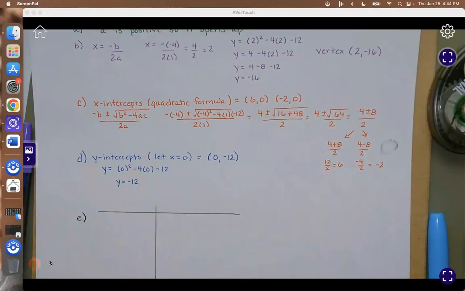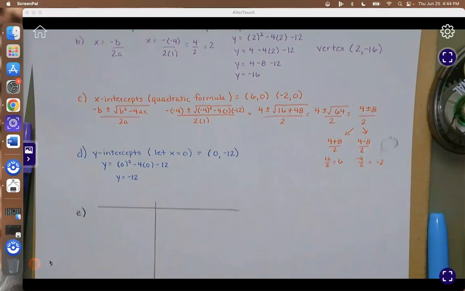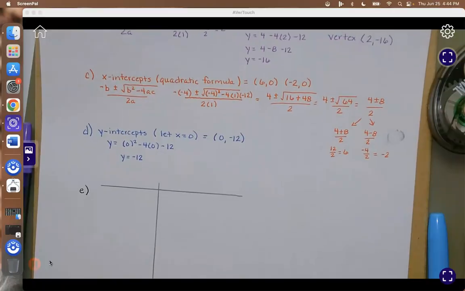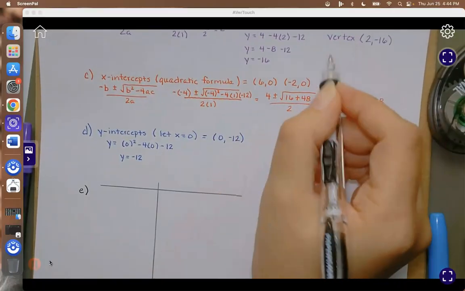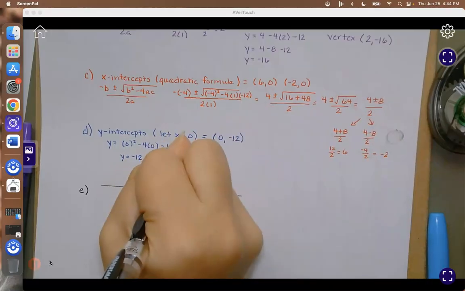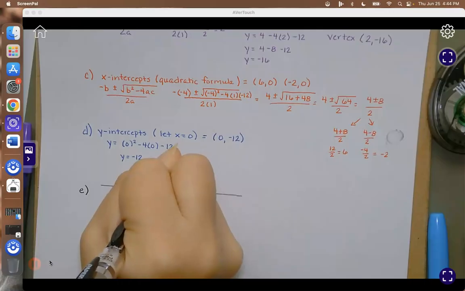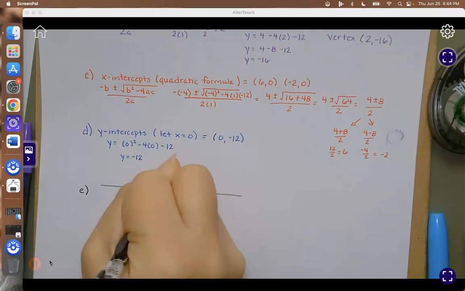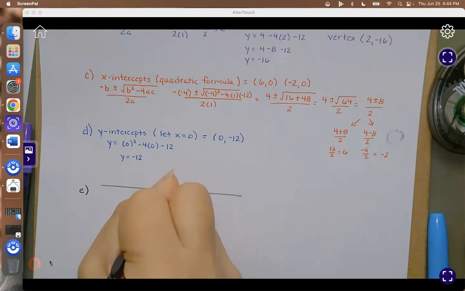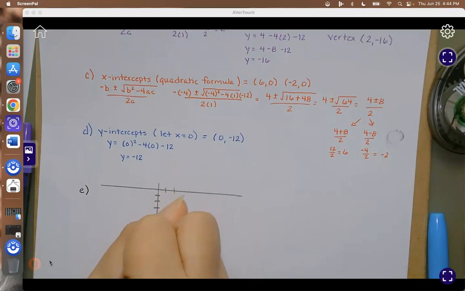Okay. All right. So let's do our vertex first. So it's 1, 2, and then 1, 2, 3, 4, 5, 6, 7, 8, 9, 10, 11, 12, 13, 14, 15, 16.